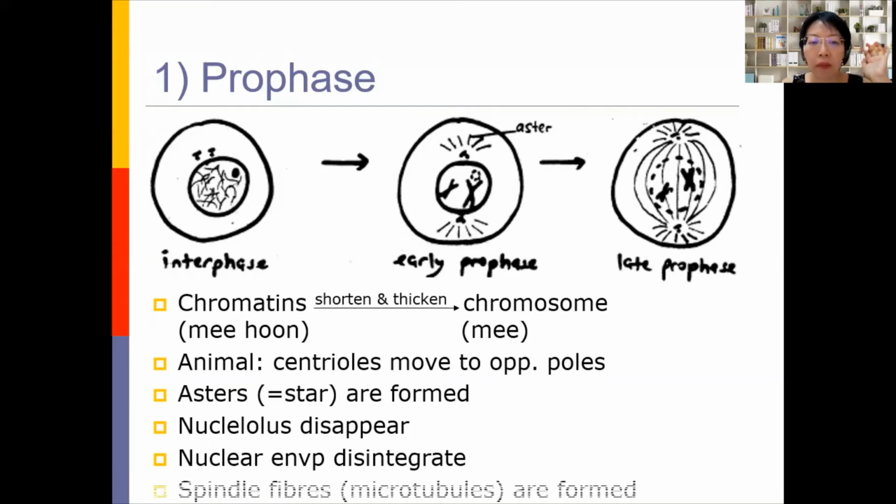Then spindle fibers, which are made of microtubules, start to extend from the centrioles. You've got the two poles, right? Microtubules start to extend from both poles into the cell to form what is called a spindle fiber.